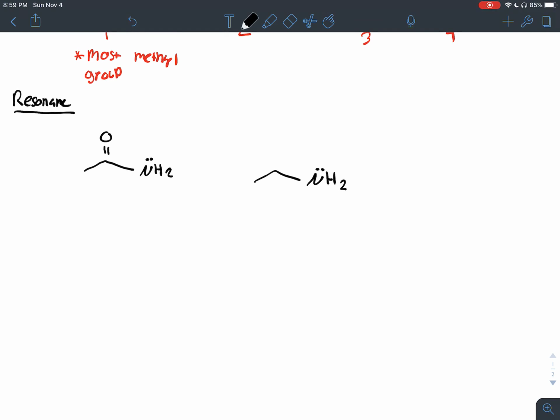Here, for a good base, we want a rich lone pair. So we want the lone pair to be electron rich and localized. So delocalization, resonance, drops basicity.